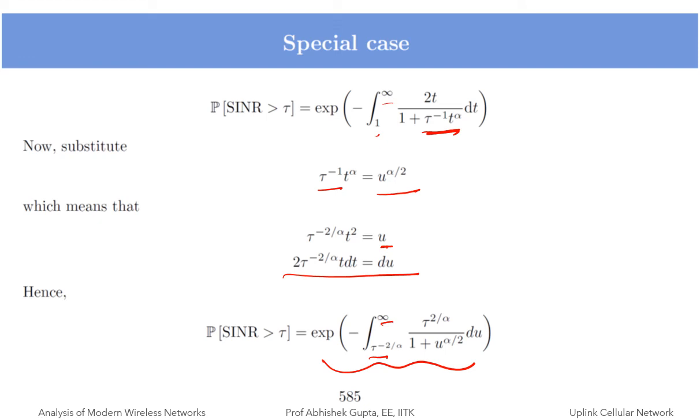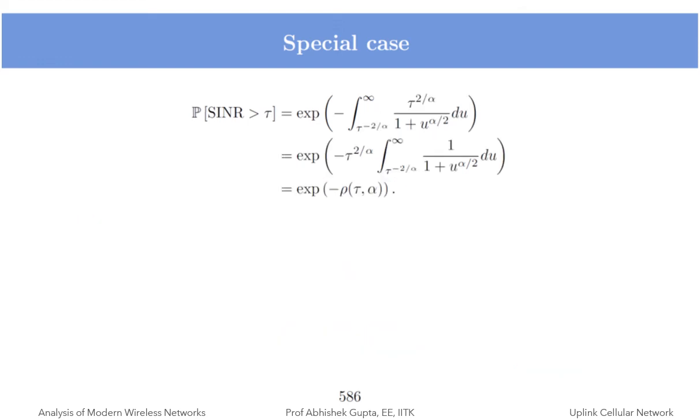Rest is easy. Now this is in the same form as in the downlink case. Remember, if we call this whole function rho(tau, alpha), this will be nothing but exponential to the power minus rho(tau, alpha). This rho(tau, alpha) is the same thing which we got in the downlink case.